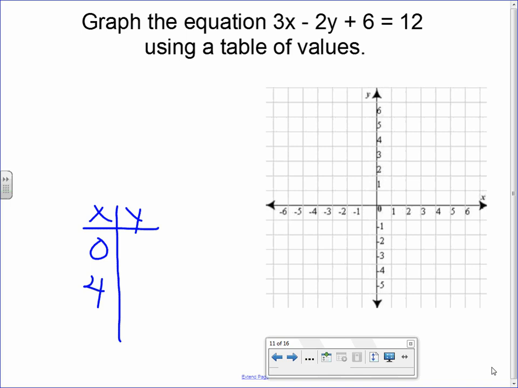I'll work this up on the next worksheet. Down, divided.